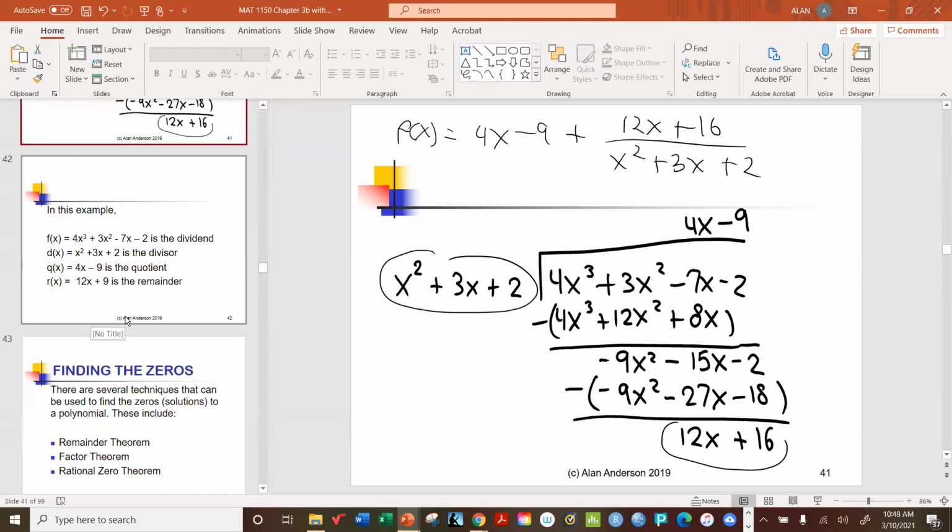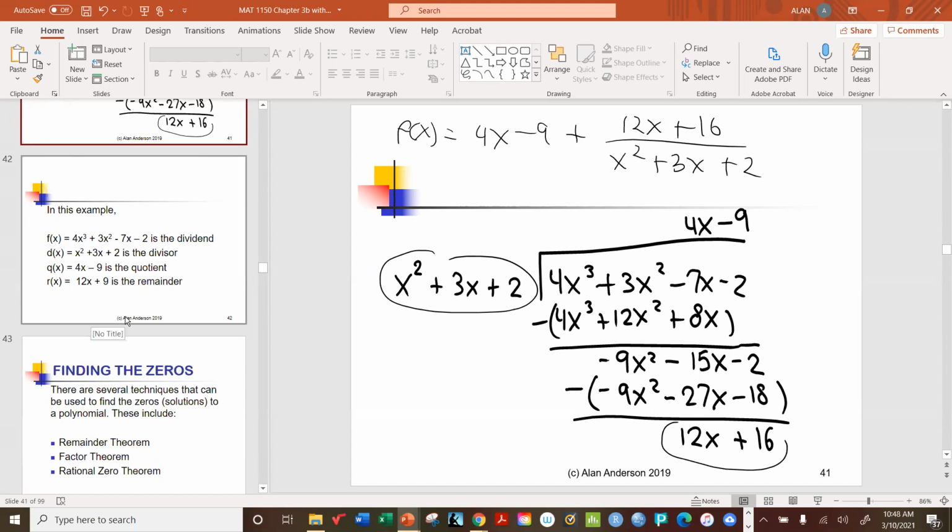All right, now what we're going to do here is quickly look at techniques for finding the solutions of higher order polynomials. We already know that we have that wonderful quadratic formula for quadratic equations, and that's fantastic. But for the higher order polynomials, we don't typically have a nice formula like that. So there are other techniques that we have to lean on.